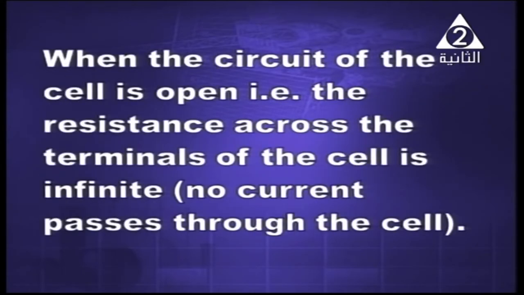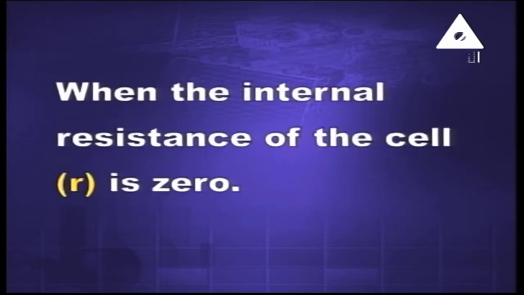That's to say, the resistance across the terminals of the cell is infinite, meaning no current passes through the cell, so the EMF of the cell is equal to its terminal voltage. Also, theoretically, it happens when the internal resistance of the cell is equal to 0.